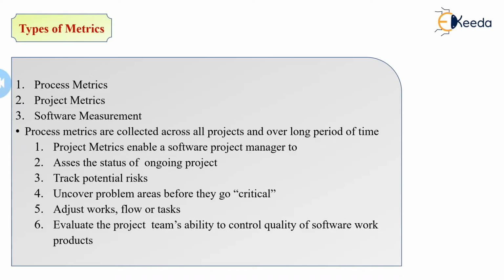Your project metric enables the software manager to assess the status of the ongoing process. Inside the project there are a number of processes, so this is an ongoing process. Then there is tracking of potential risk: what are the risks that come up in each and every phase?